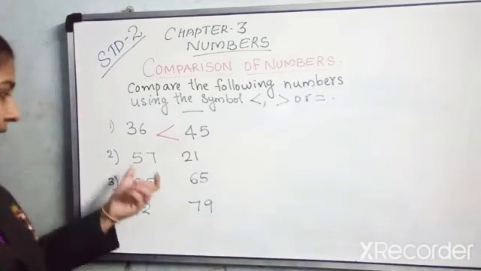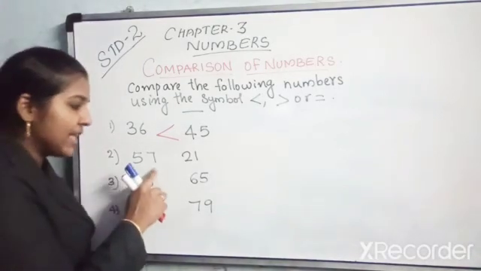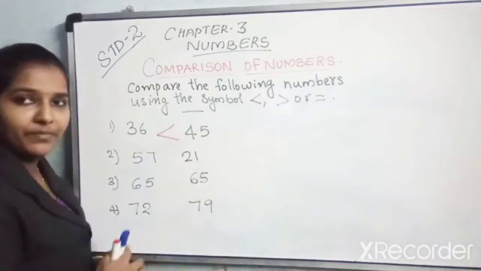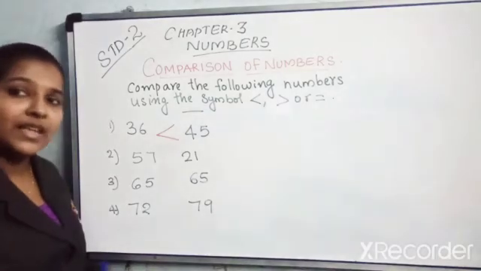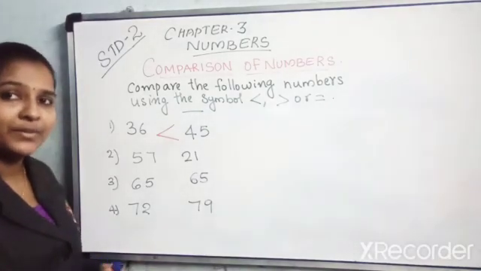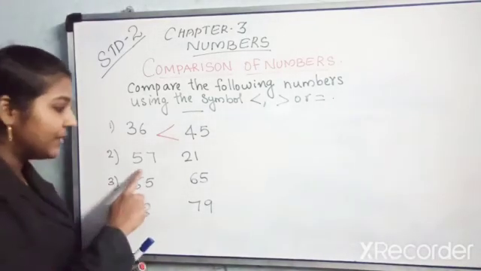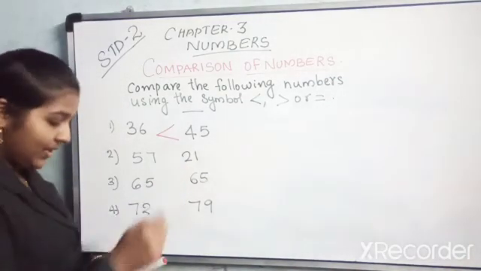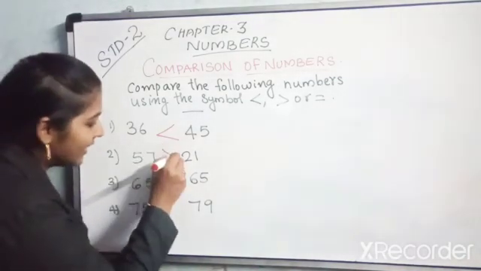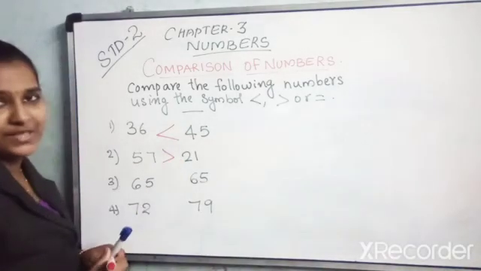Now, look at the second number, 57 and 21. Tell me children, which is the greater number? Yes, 57 is greater than 21, isn't it? So you can put the greater than symbol between them.